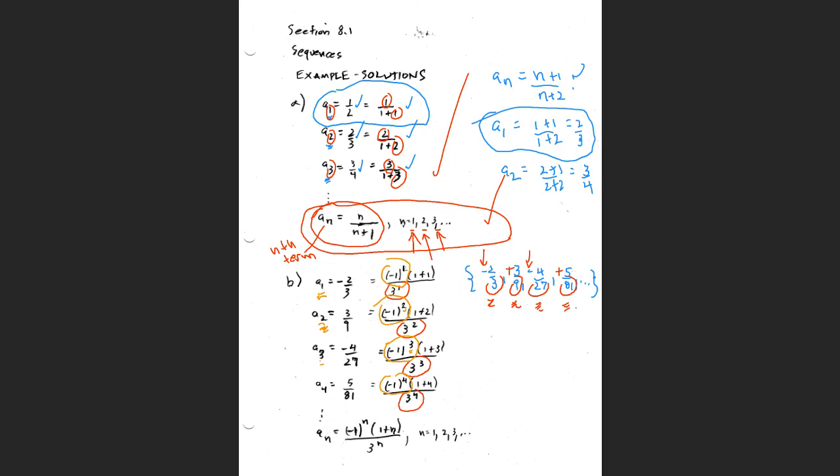And then finally, we have 2, 3, 4, and 5, and 6, and so forth. So you can get those numbers just by, 2 is 1 + 1, 3 is 1 + 2, 4 is 1 + 3, 5 is 1 + 4.